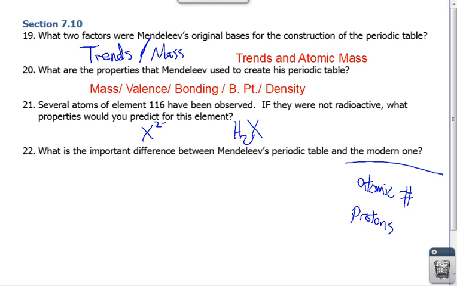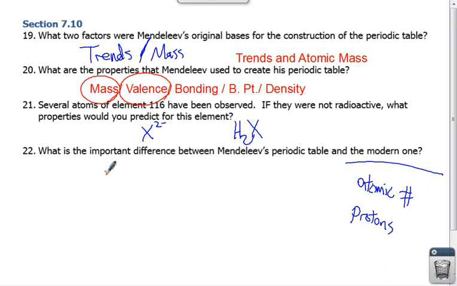He uses a combination of mass and valence. But at the time, valence meant how things bond and react with each other. Now it means the number of valence electrons. But they correspond. He just doesn't know anything about it. And he realizes there's this repeating pattern that nowadays we call periodicity. You go 1, 2, 3, 4, 5, 6, 7, 8.